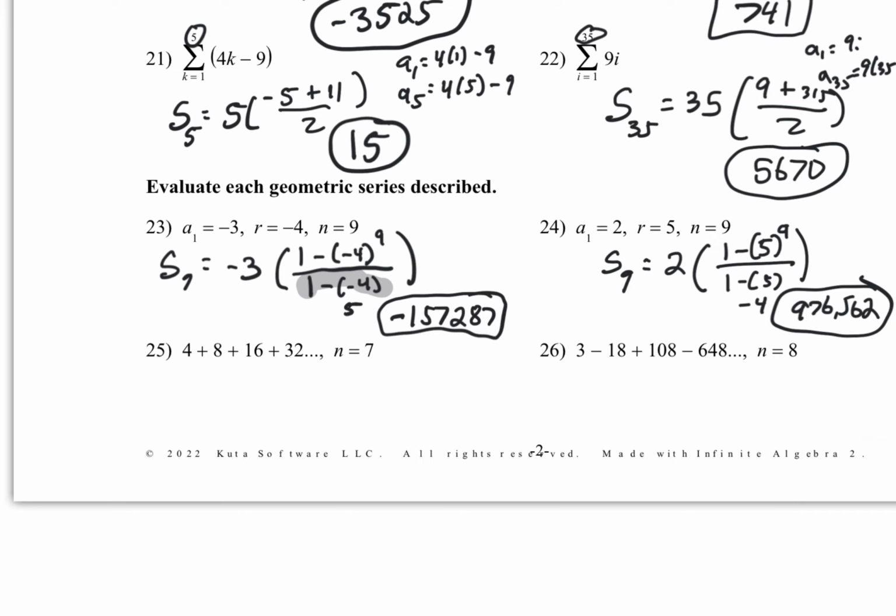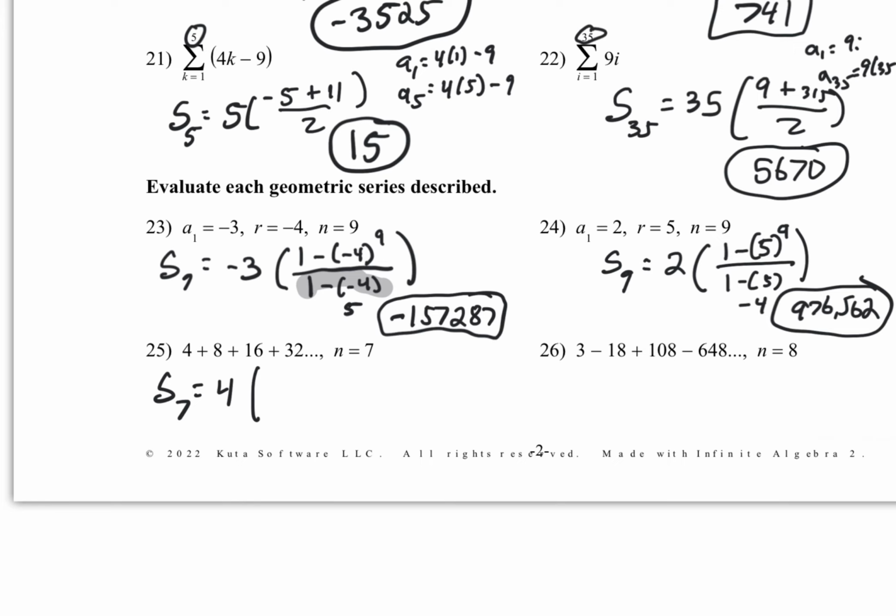Number 5, we have to find the sum of the first 7. So it's our first term, which in this case is 4, times our first term 4. If I find our ratio, so how do you get from one to the next? Well, 8 divided by 4 is 2. So it's going to be, it's not 4.